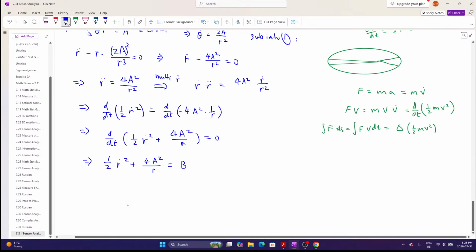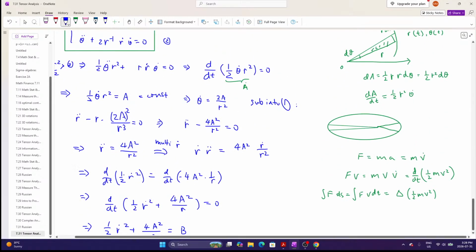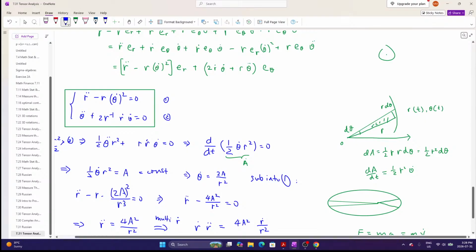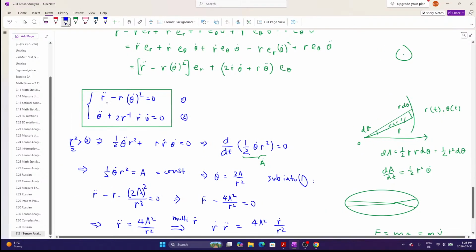So now we need to integrate that, which is a bit of a pain. Actually, you know what? Can I eliminate, say, I just want a relationship between r and theta, right? Because this is the parametric form.